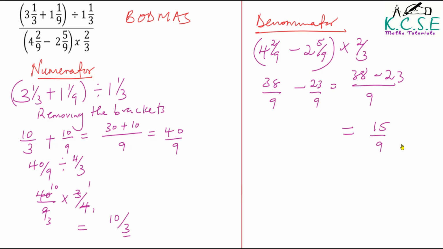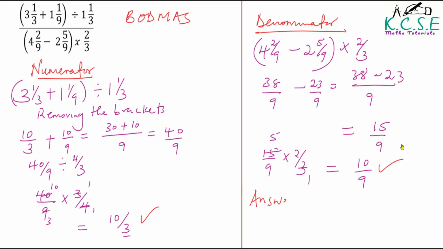So after getting that from the bracket, we have now 15 divided by 9 multiplied by 2 thirds, and this gives by 3 1, by 3 5. So this gives 10 divided by 9. Now we have the solution for the numerator and the solution for the denominator.